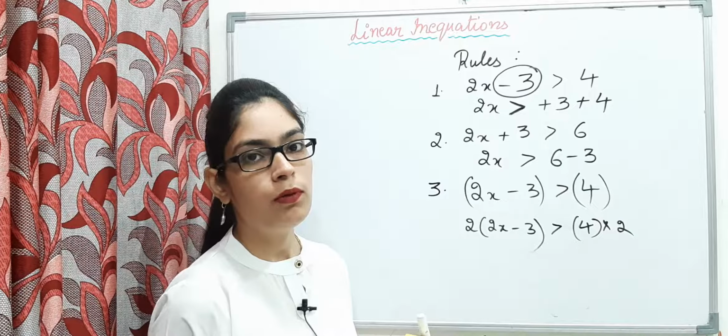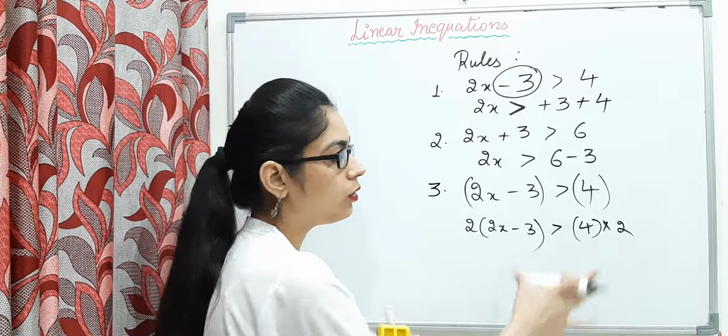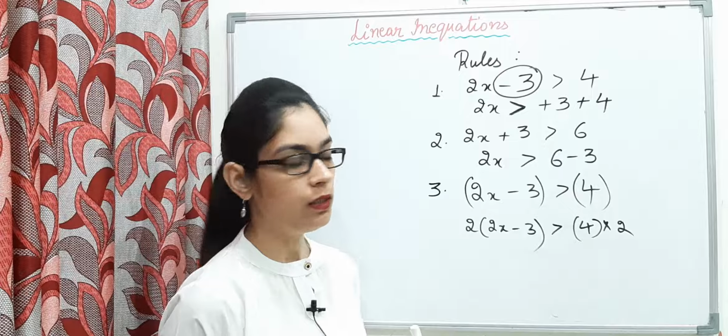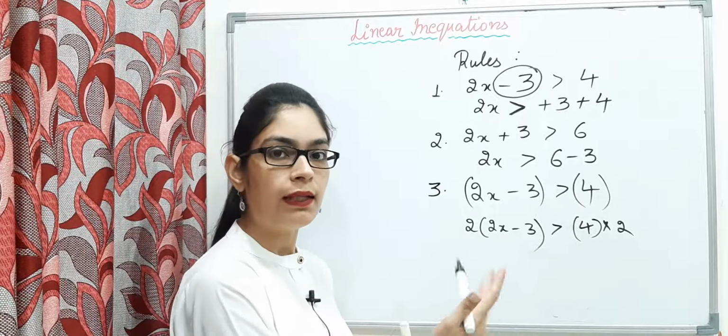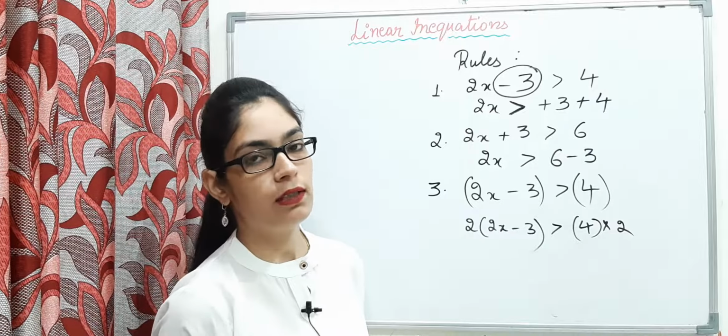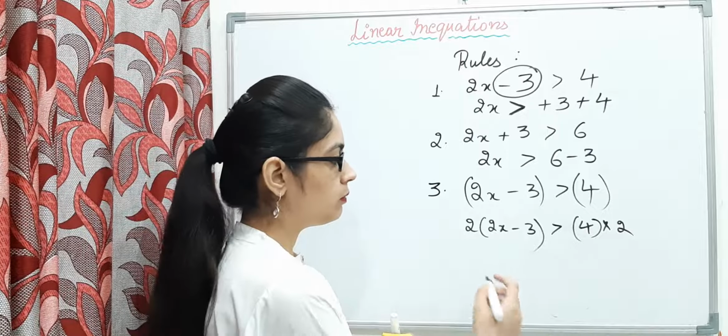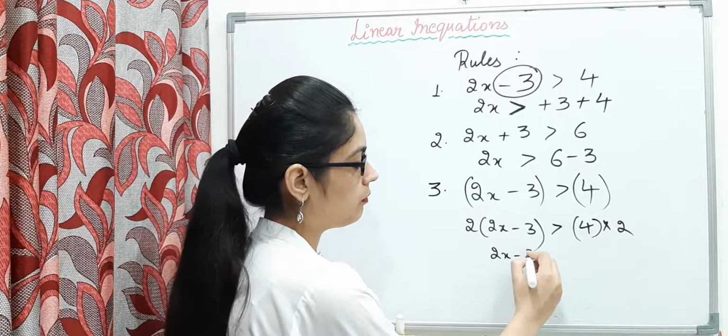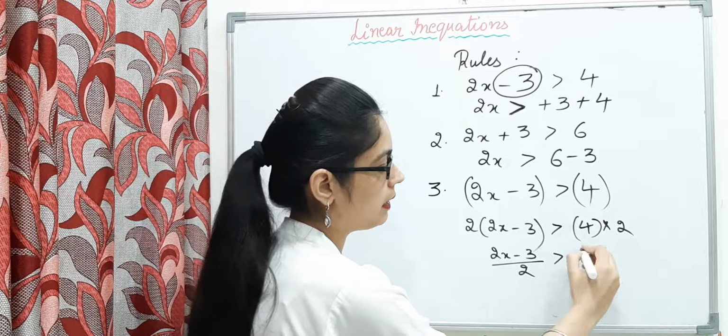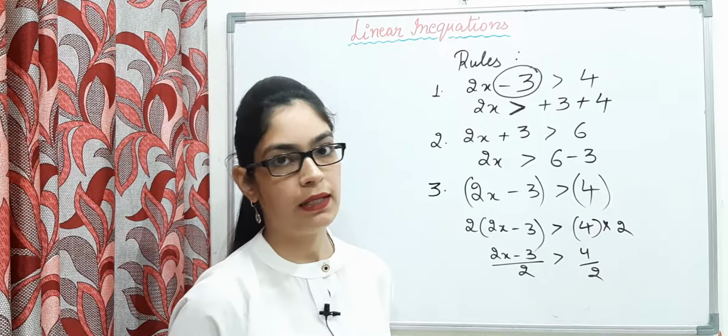If I want to multiply both sides of the linear inequation with the same number, I can do that while solving. There will not be any change in the sign. The same goes with division also. If I divide by the same number, it won't make any difference.